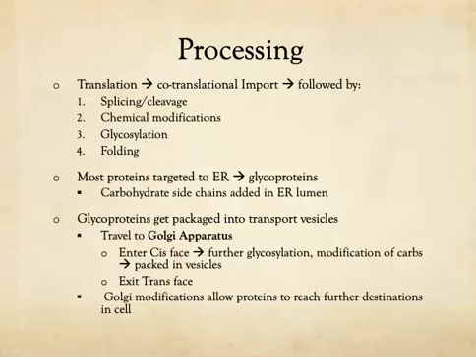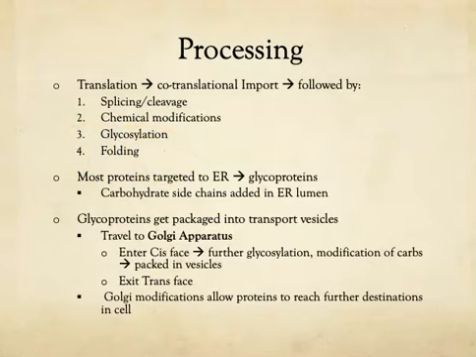After the polypeptide is drawn into the lumen of the rough endoplasmic reticulum, it undergoes a lot of processing, a lot of modification. We've talked about cleavage and splicing. We've talked about the chemical modifications, the glycosylation process that happens sometimes. And last on our list is folding.